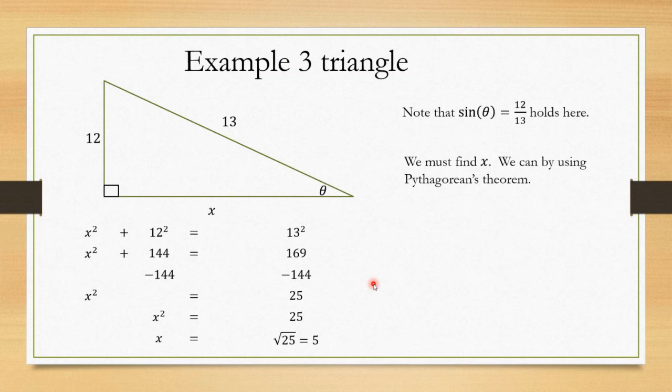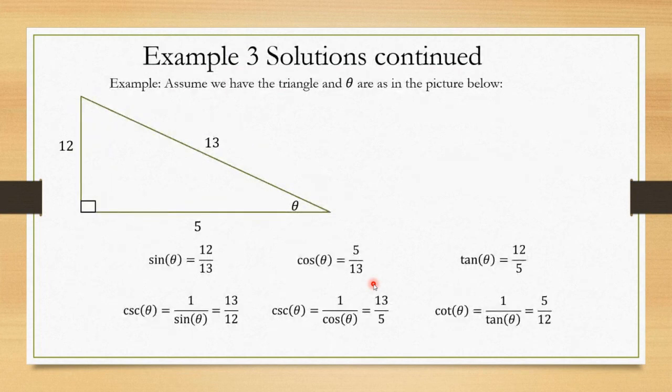So we have all the sides, right? Since we have all the sides, we can get all the other trig functions. Sine and cosecant we have already. For cosine, that's the length of the adjacent divided by the length of the hypotenuse, which is 5 over 13.